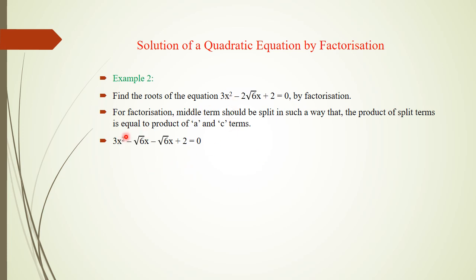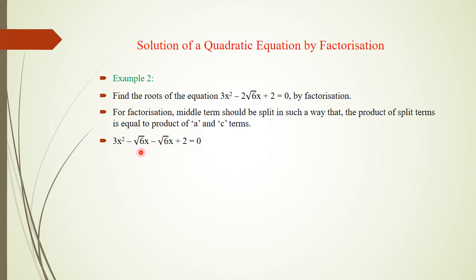3x square I will keep as it is, because I just have to split the middle term, that is minus 2 root 6. If I have two apples, I can write 2 apples as 1 apple plus 1 more apple. Similarly, 2 root 6 is nothing but 1 root 6 plus 1 more root 6. Here it is a minus sign, so minus 2 root 6 I can write as minus root 6 and minus 1 more root 6.